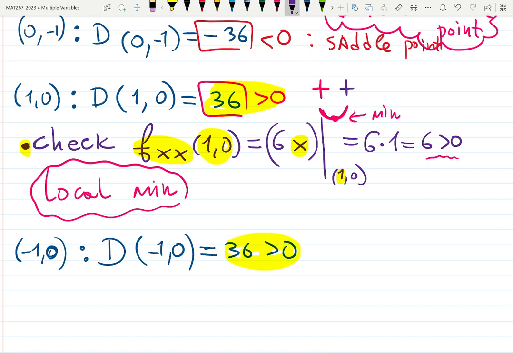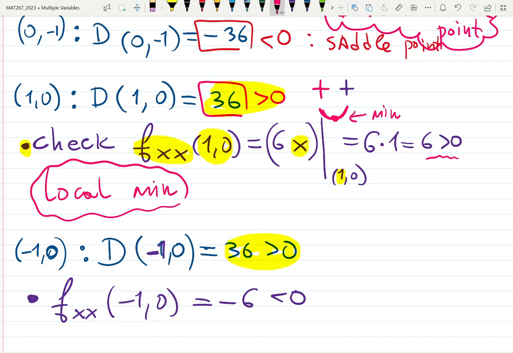So I don't know, so I have to go to the sub-step. Check fxx at minus 1, 0. This time it's minus 1, so it will be minus 6, right? Minus 6 is negative. And that's how we have all three cases. That's why this problem is so long. It has all three cases.